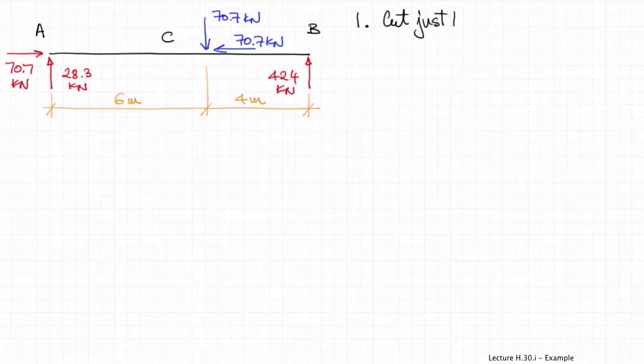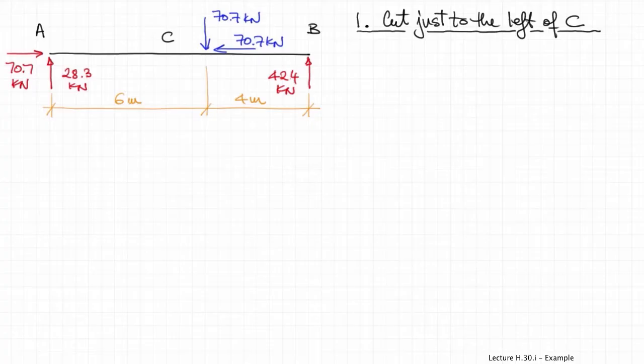And firstly, we need to see what's happening to the left of the force. So we will proceed by cutting the beam just to the left of point C of the applied force. After doing that, I will analyze the equilibrium of the left-hand side free body diagram.